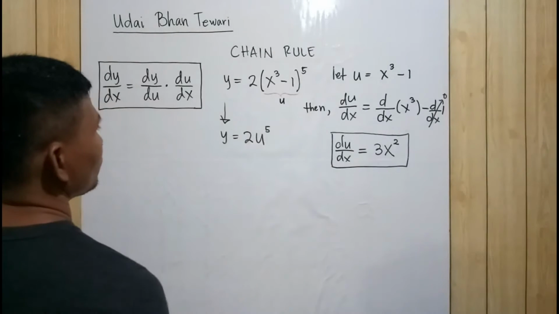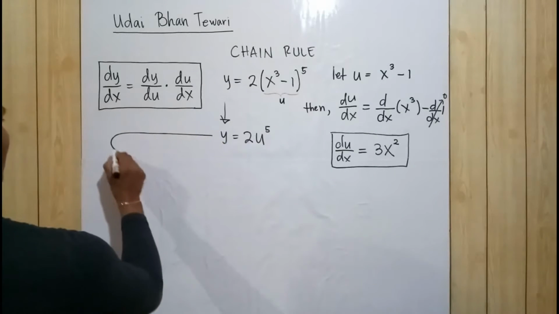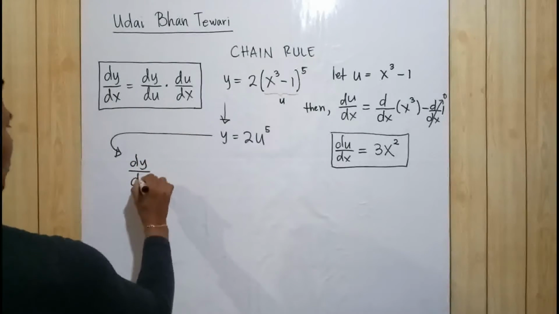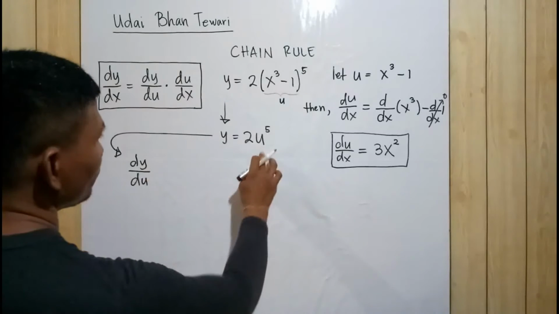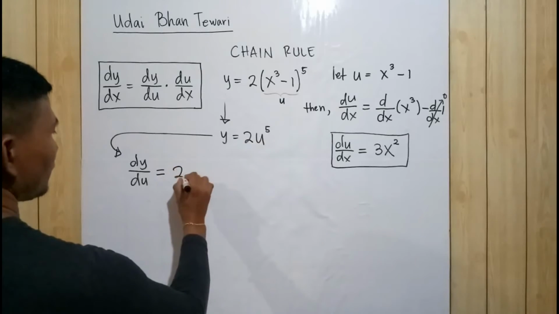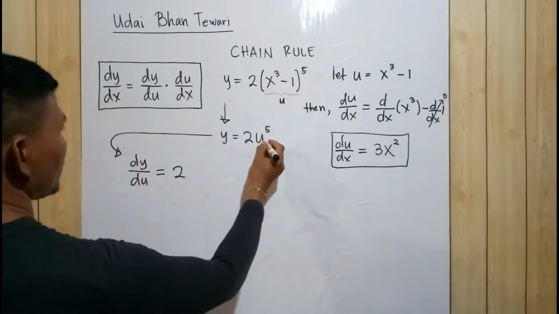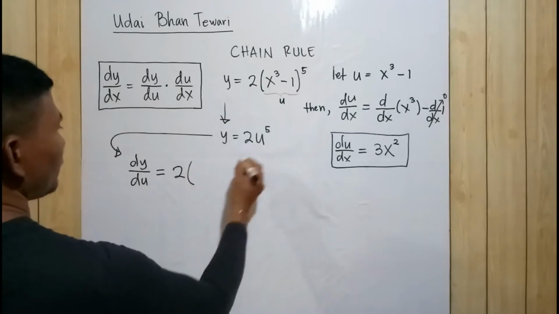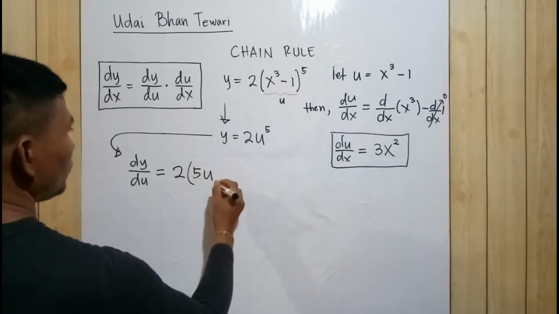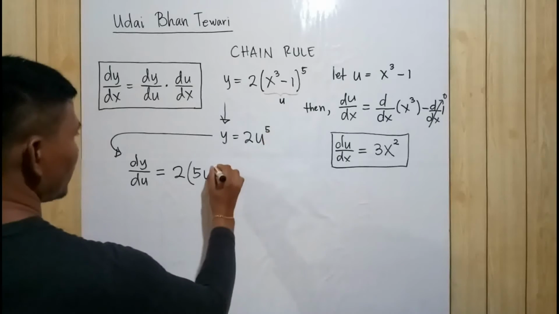So if we differentiate that, dy/du, differentiating y in terms of u, we know that 2 is a constant, so we retain 2. Differentiating u to the 5th power, the exponent becomes our coefficient, and then u, and then that 5 will be 1 less, so 5 minus 1 is 4.